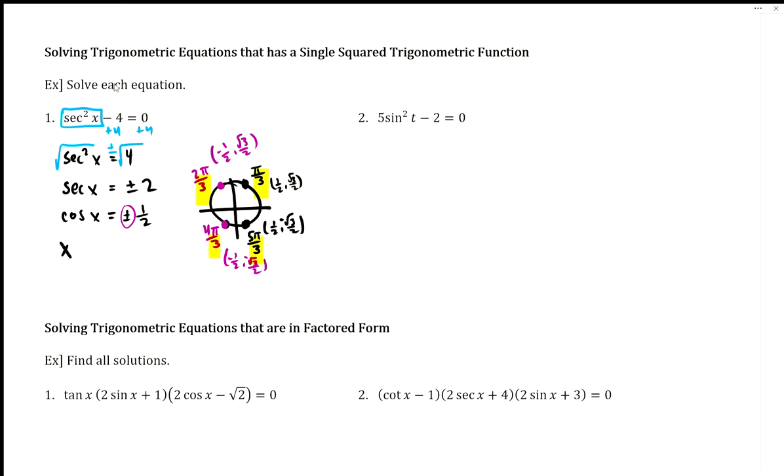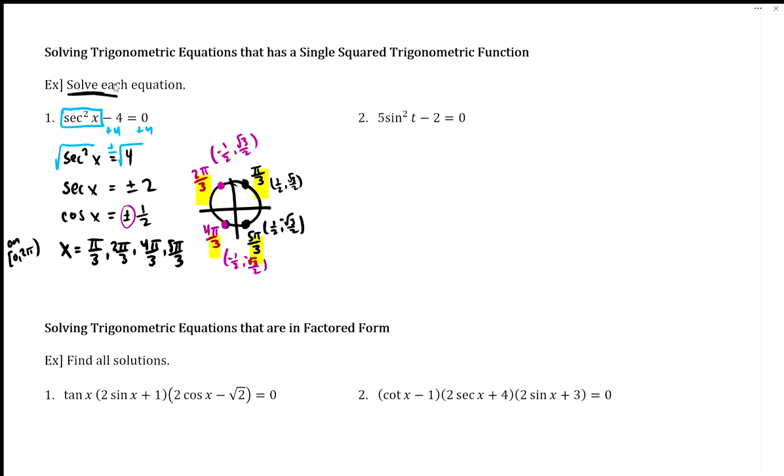Okay, so our x would be pi thirds, comma 2 pi thirds, comma 4 pi thirds, and comma 5 pi thirds. Now this is the answer on 0 to 2 pi. They didn't ask for that. They did say solve, which means it's all solutions.